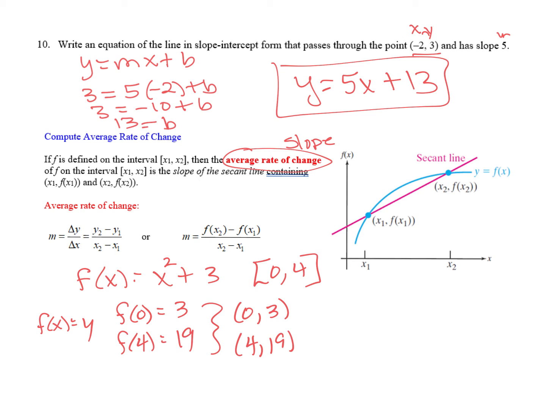Average rate of change is basically slope. So I'm going to do 19 minus 3 divided by 4 minus 0. And what I get is 16 divided by 4, which is 4. So the average rate of change between 0 and 4 for my function f is 4.